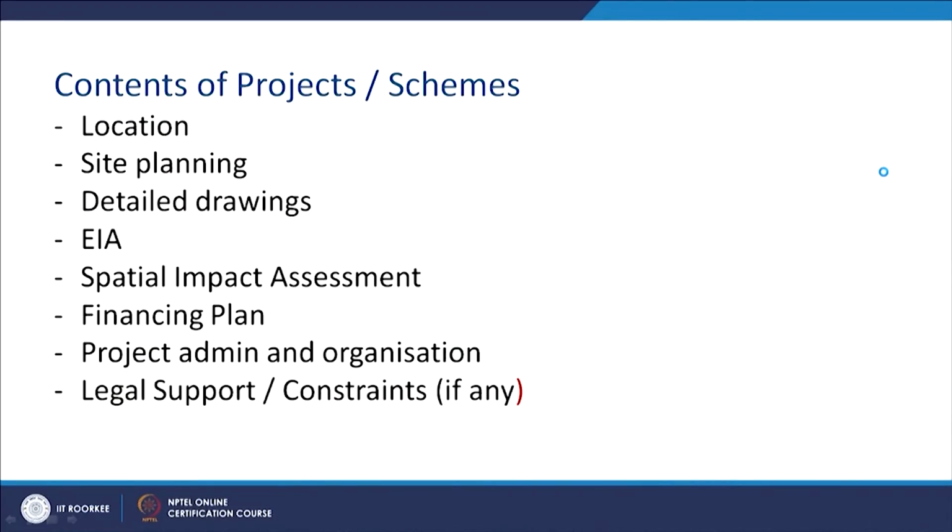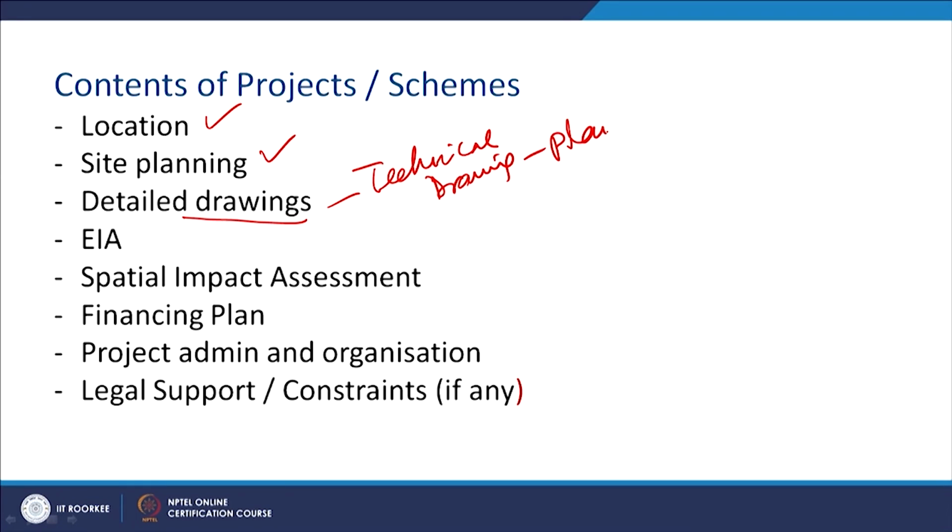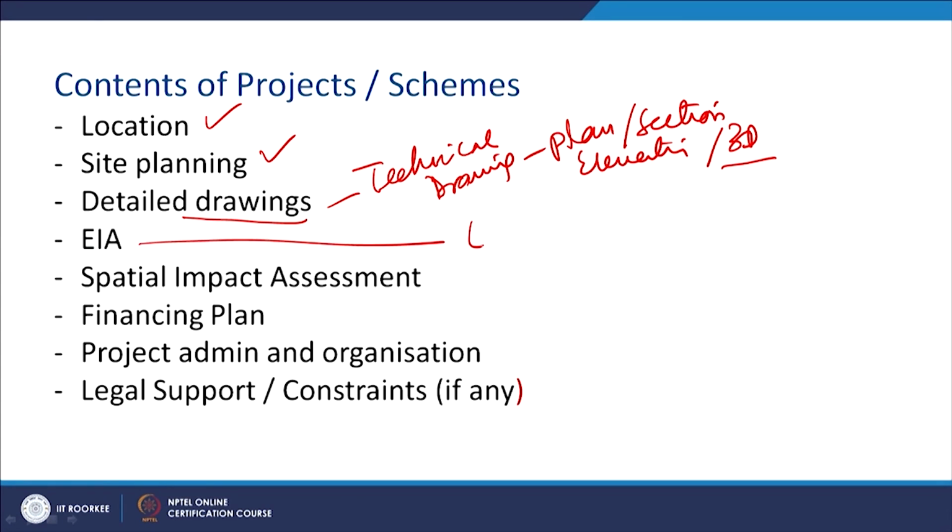So, let us see the contents of the projects and schemes. Any project and scheme will have fundamental information like location, site planning, detailed drawings including technical drawings like plan, section, elevation, sometimes 3D could also be required, and environmental impact assessment.